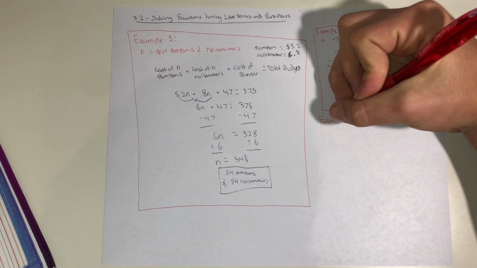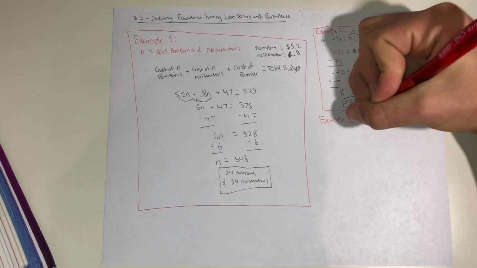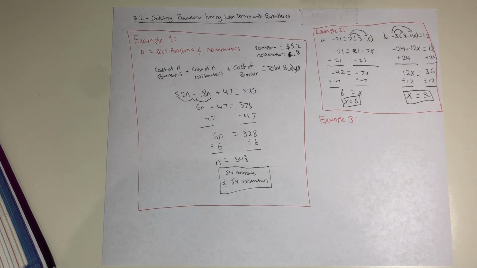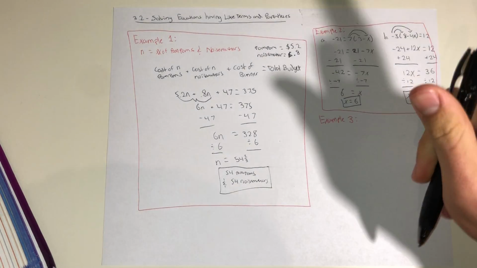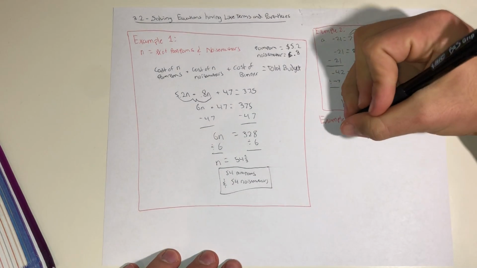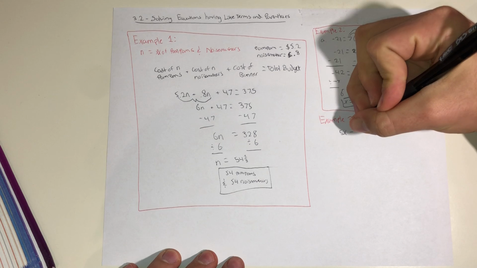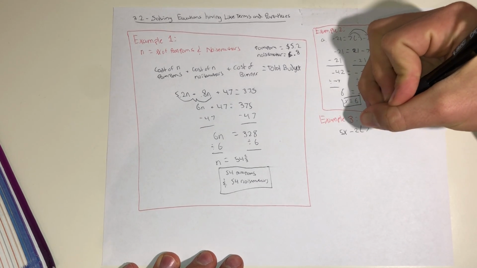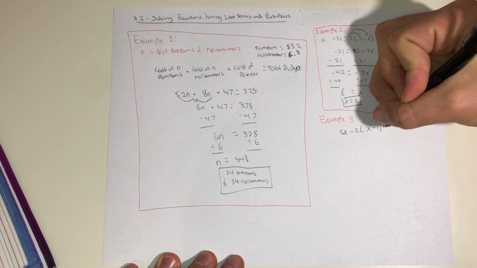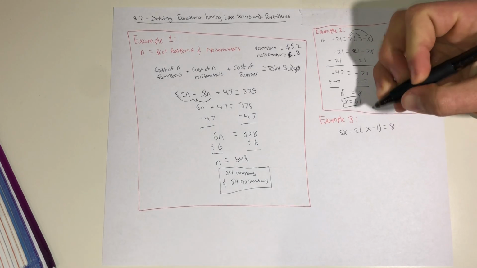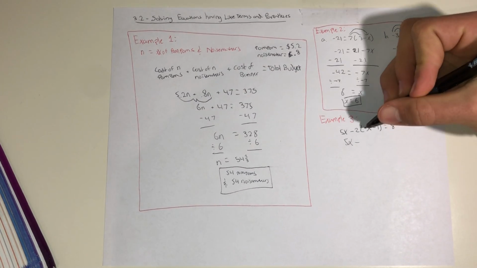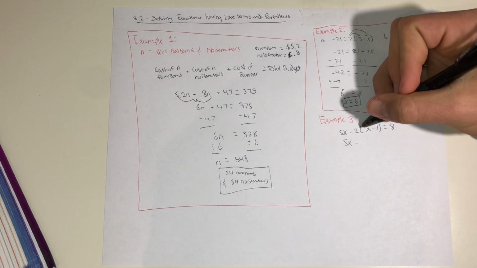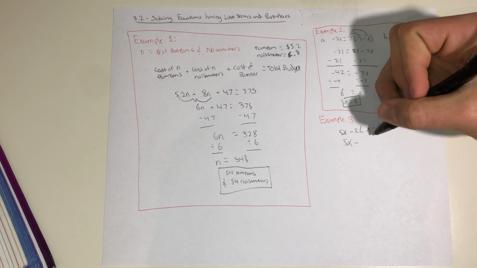Example 3. So example 3 is combining like terms after distributing the parentheses. It's combining these two. So they give us: solve 5x minus 2 times x minus 1 equals 8. So first we have to do 5x minus, and then negative 2 times x is going to be minus 2x.